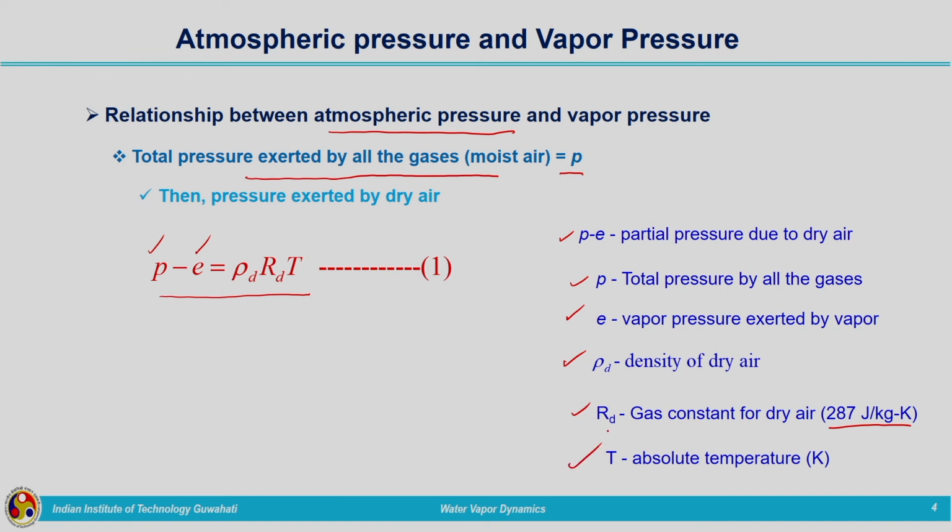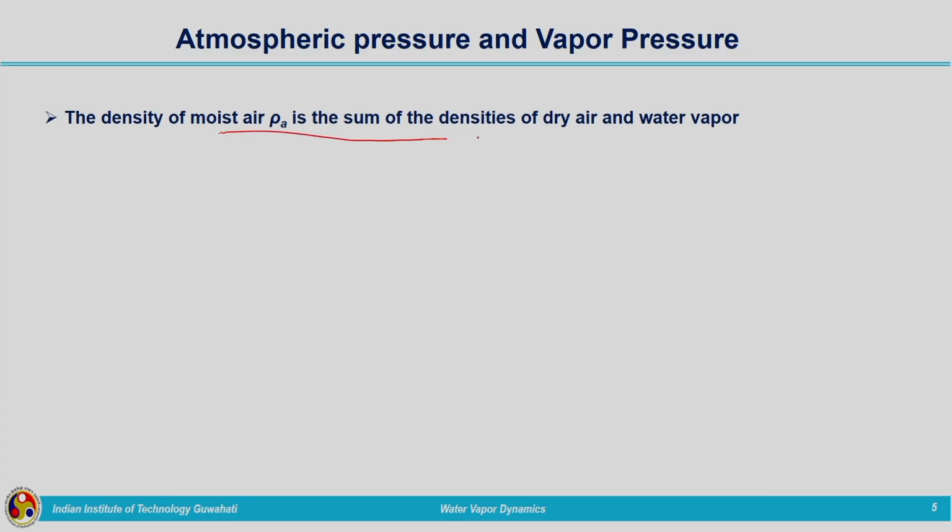T is the absolute temperature in Kelvin. The density of moist air is the sum of the densities of dry air and water vapor. That can be written in mathematical form like this: the density of moist air, rho a, is equal to rho d plus rho v.